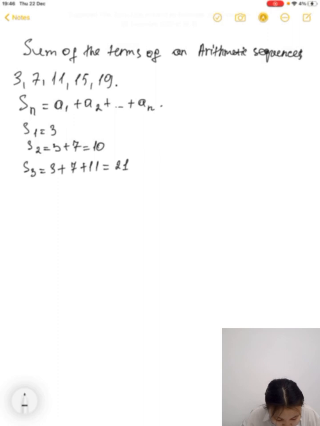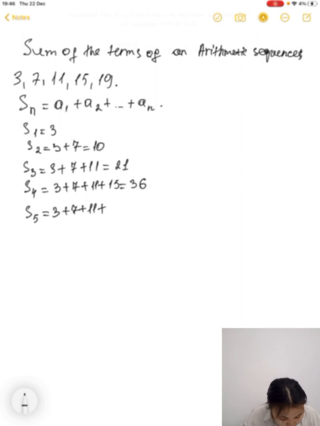And S sub 4 is equal to 3 plus 7 plus 11 plus 15 is equal to 36. S sub 5 is equal to 3 plus 7 plus 11 plus 15 plus 19 is equal to 55.